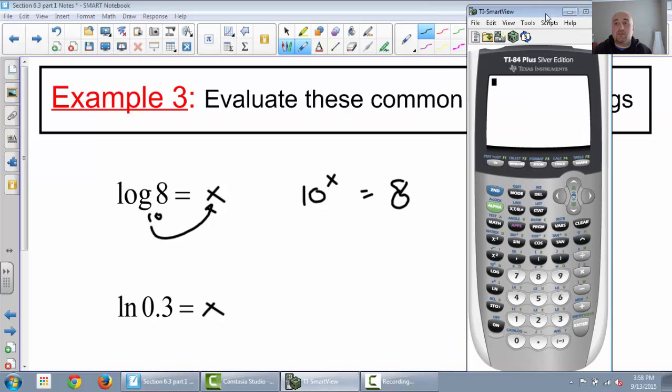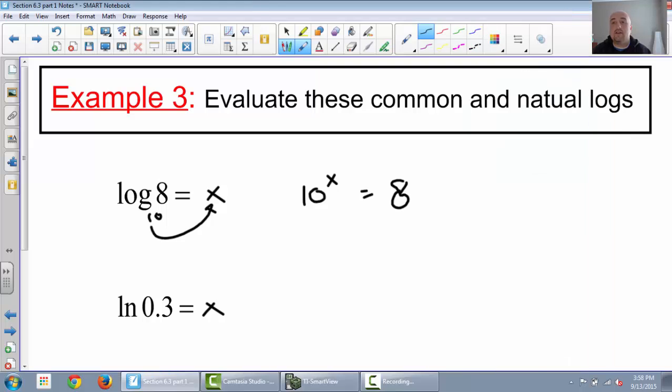If you notice on the left-hand side, there's a log button. Calculators do log base 10. So if I just type in log of 8 like the original problem said and hit enter, it'll give me an answer of 0.9. So that's my answer: x equals 0.9.